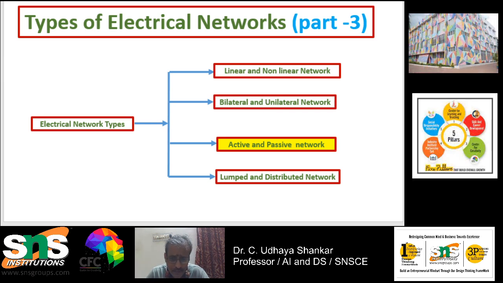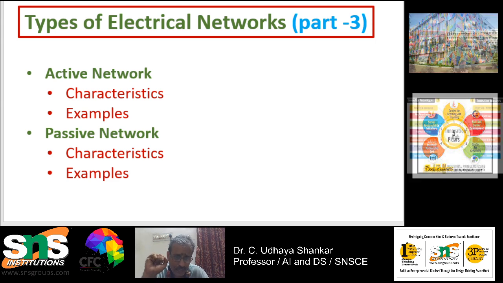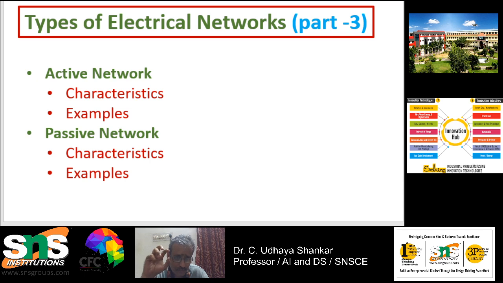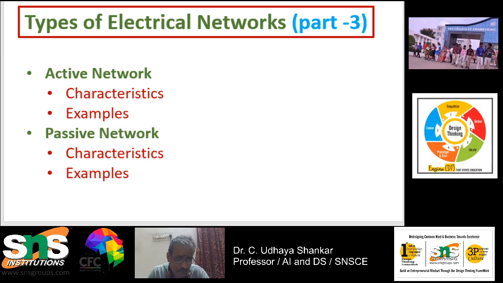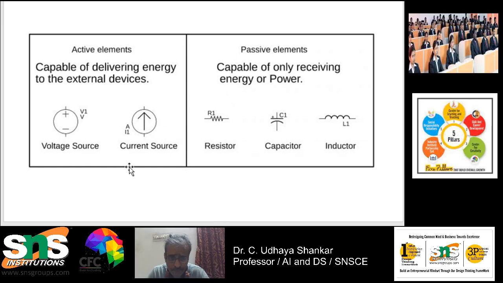I will just explain with some examples. In this video, I have given you the characteristics of an active network and of a passive network. Here you can see, for example, a circuit which has a voltage source or current source or both.